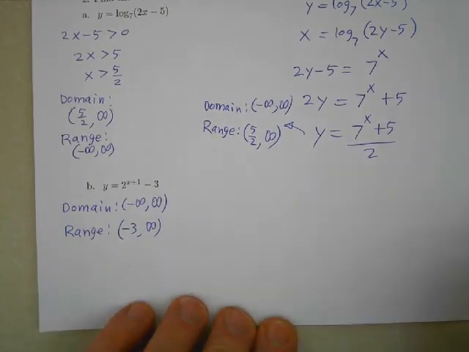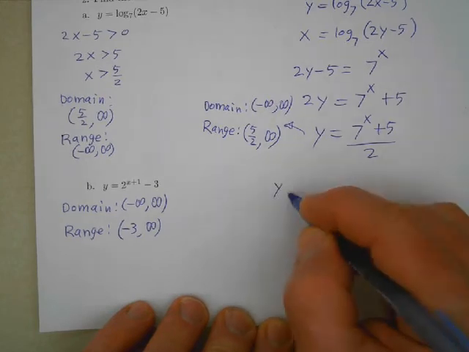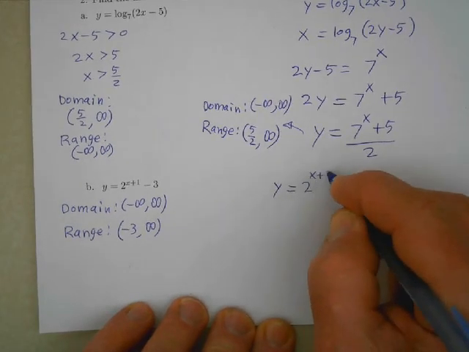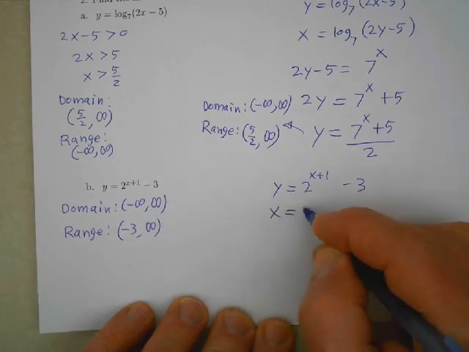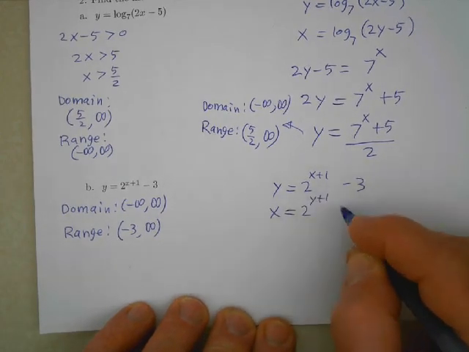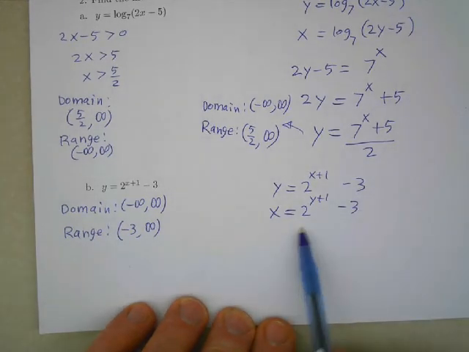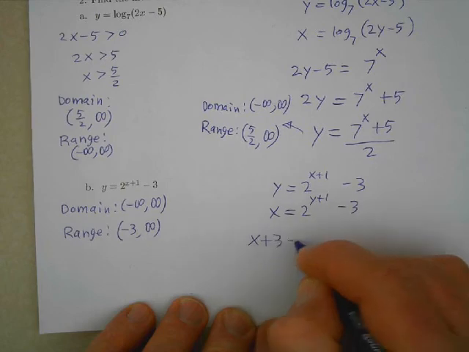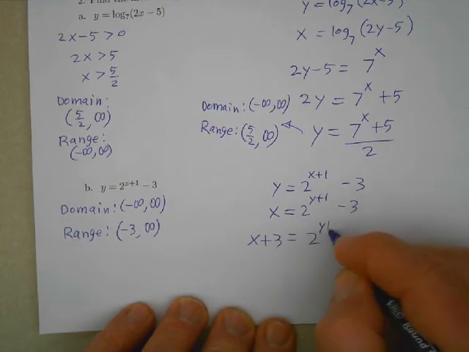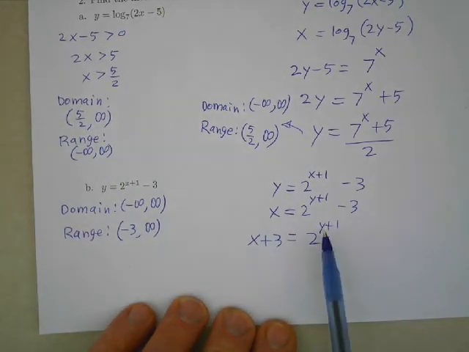Okay, let's find the inverse. So write y equals 2 to the x plus 1 and then minus 3. Then interchange x and y. We get x equals 2 to the y plus 1 minus 3. Now we solve this for y. So add 3 to both sides. X plus 3 equals 2 to the y plus 1. And we want to solve for y, but we see that y plus 1 is in the exponent.